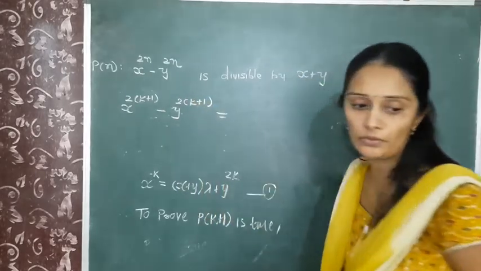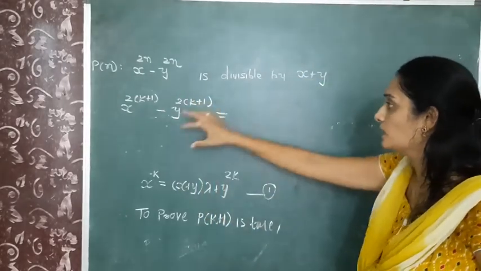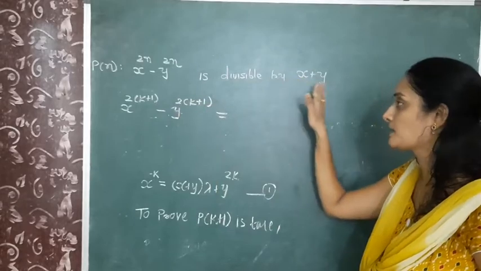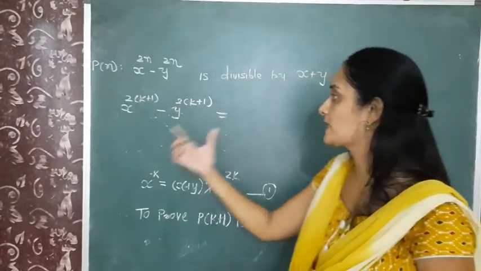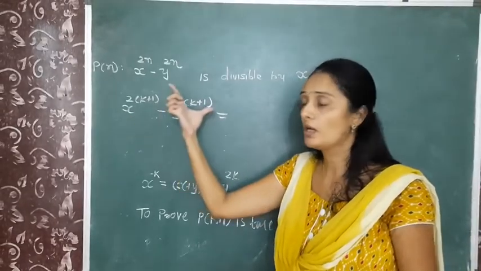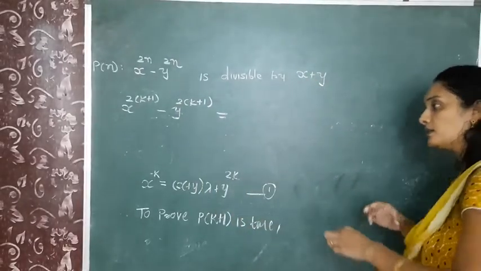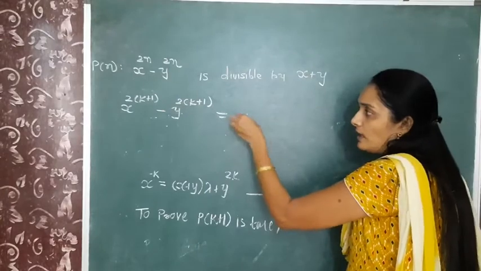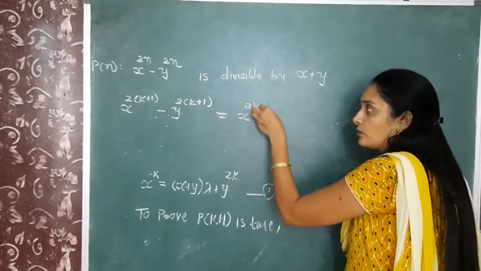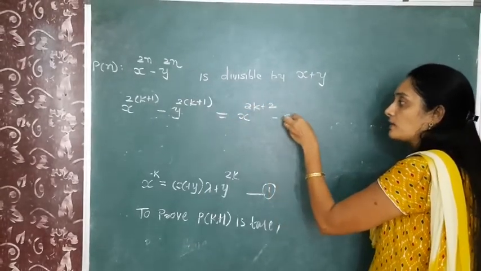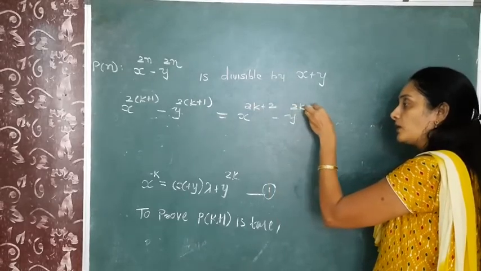And now we have to prove that this term is divisible by x plus y. That means by expanding these two terms, we have one factor as x plus y. So now I can write x raised to 2k plus 2 minus y raised to 2k plus 2.